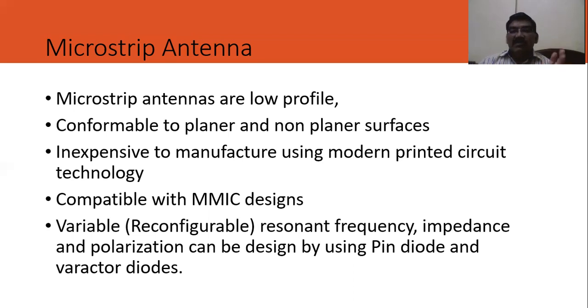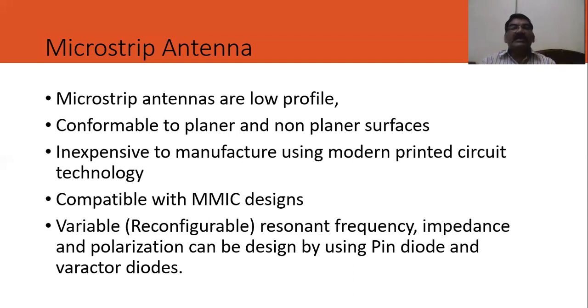Suppose one frequency is 2.4 gigahertz. This antenna is tuned to 2.4 gigahertz, and then when it is required, by some arrangement, you can have the PIN diode or the varactor diode. By using that arrangement, you can shift the frequency either higher or lower. For example, from 2.4 you can shift to 3.6 or whatever is required.